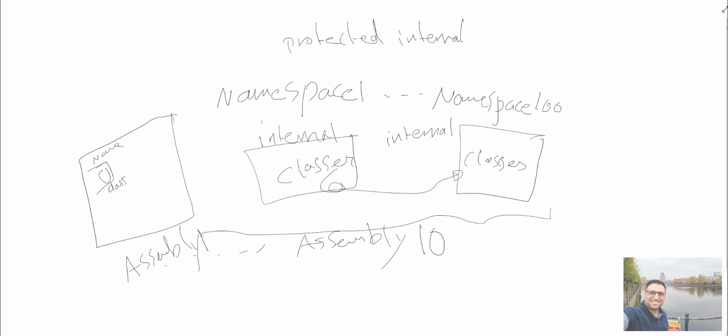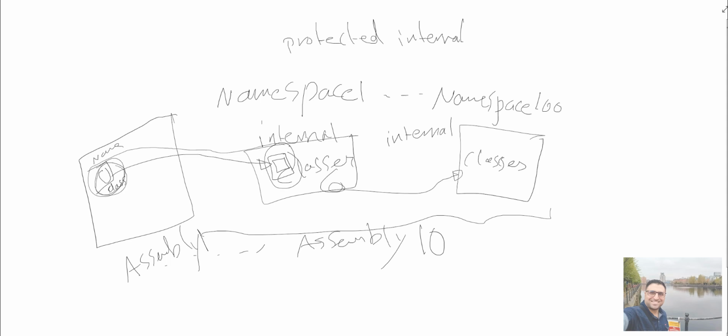Okay, so let's assume that this class inside this assembly is derived from a class in here. So there's a class here and this class is derived from it. So for protected internal, the fields inside these classes, or the methods as well, if they're defined as protected internal, then that means they'll be accessible inside this class and all the derived classes in other assemblies as well.